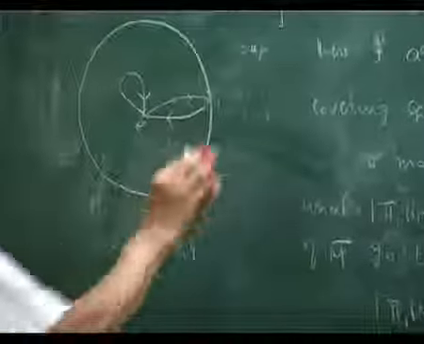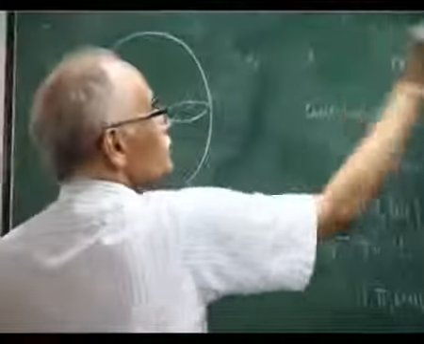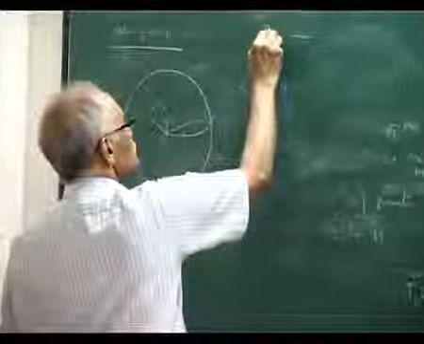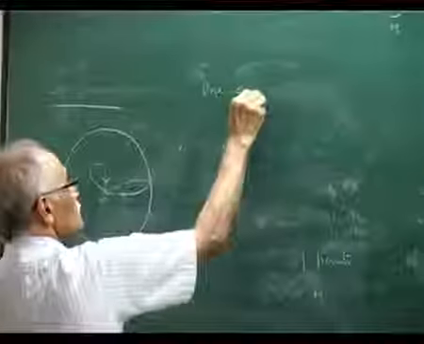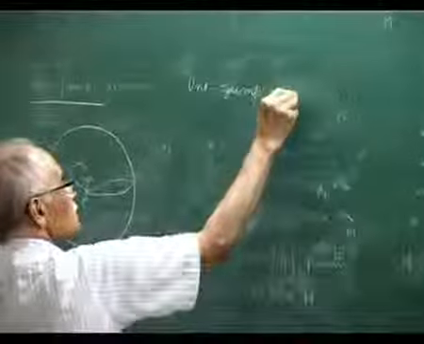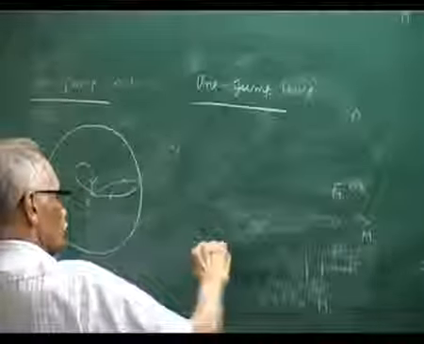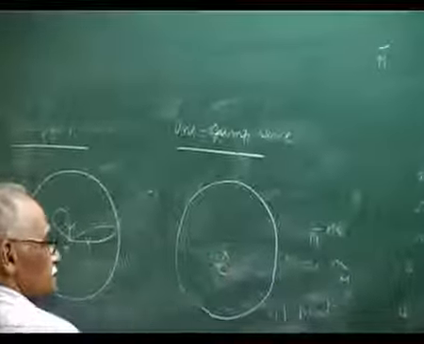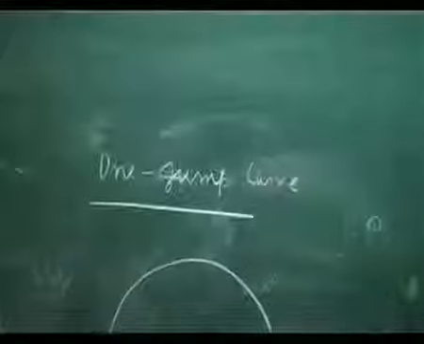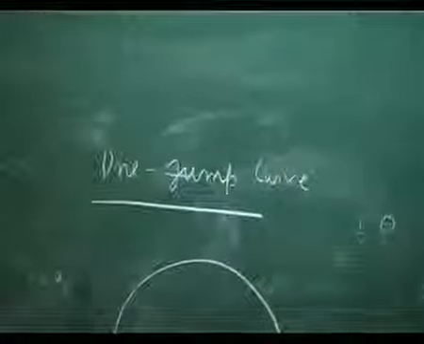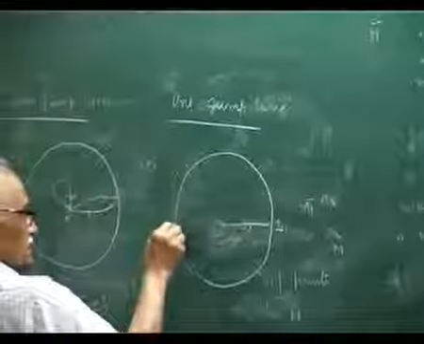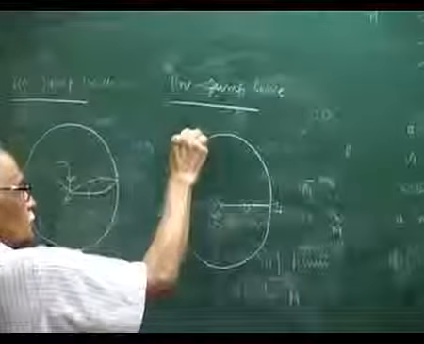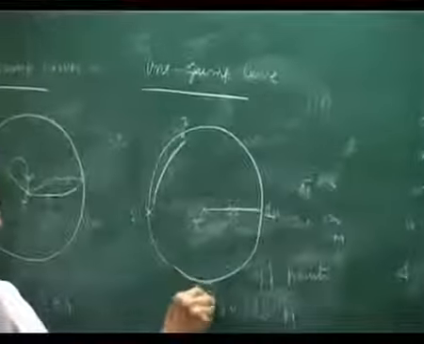Now, if I want to look at one jump curves, I go to boundary point 1, I jump, this is the same as point 1 prime. When I go along to some point 2 here, this is the same as 2 prime, and I come back.